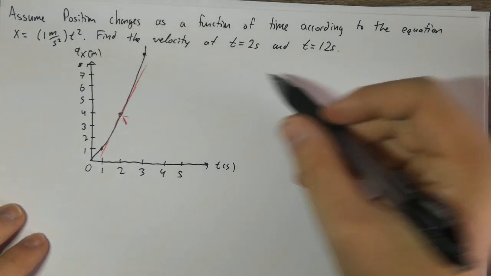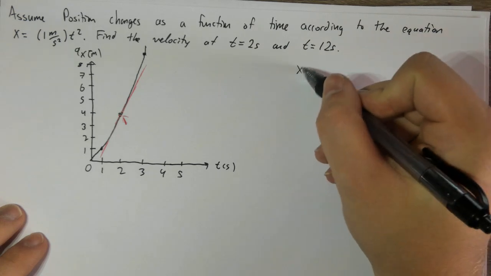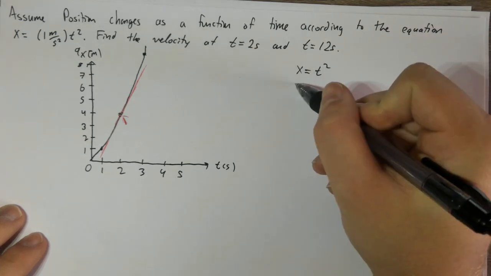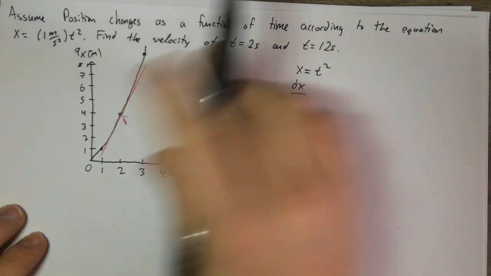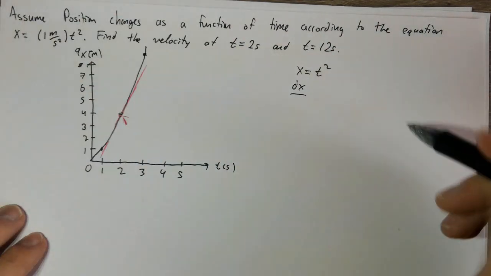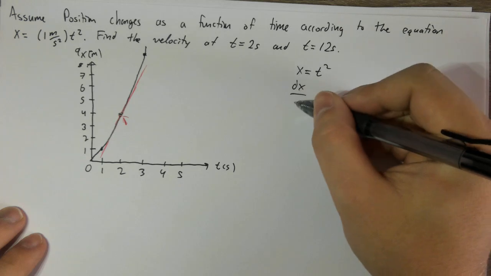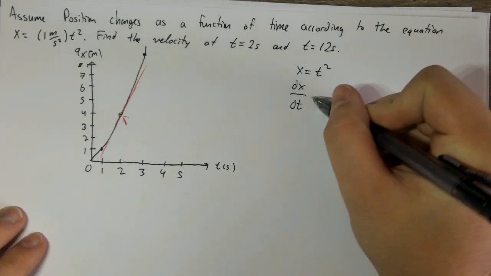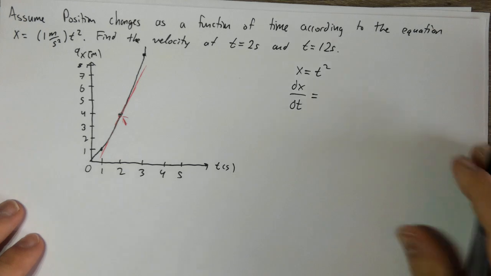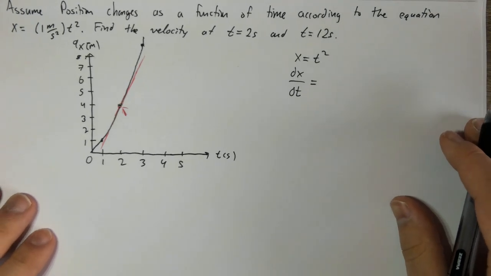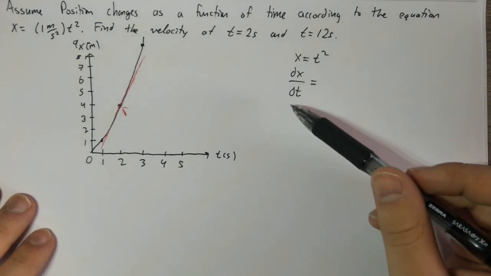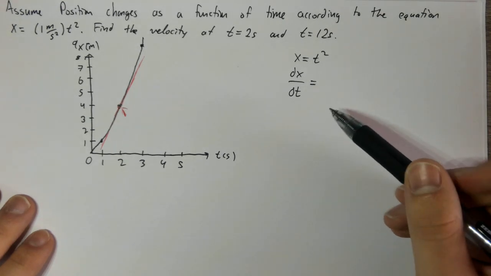So how do we do this? We need to calculate the derivative of this function. So x equals t squared, and I'm not counting the constant for now. We'll add the constant in after. So to solve a derivative like this, we can use what's called the power rule.